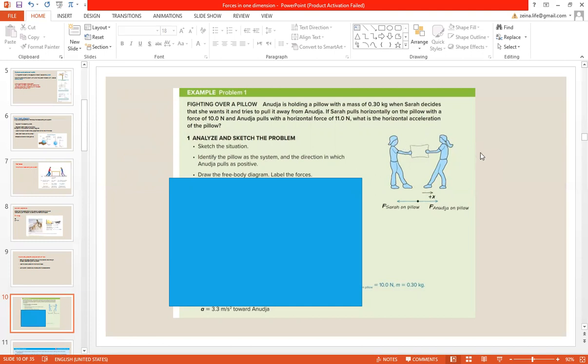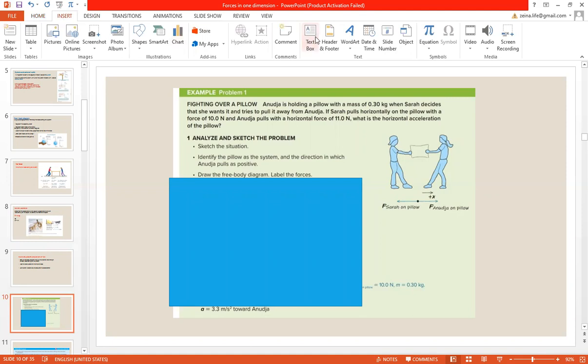To solve these kinds of problems, to find the acceleration when we are given forces, we need to use Newton's second law. What do you mean by Newton's second law? It's F net equals ma. This is the formula that we need.